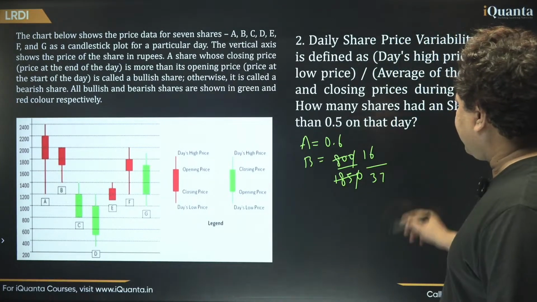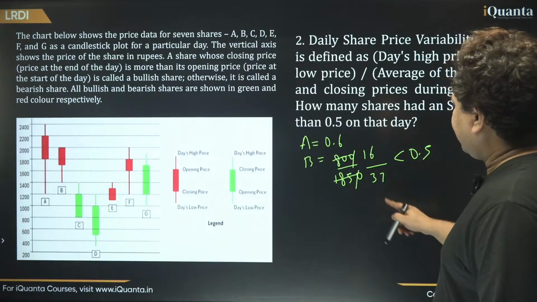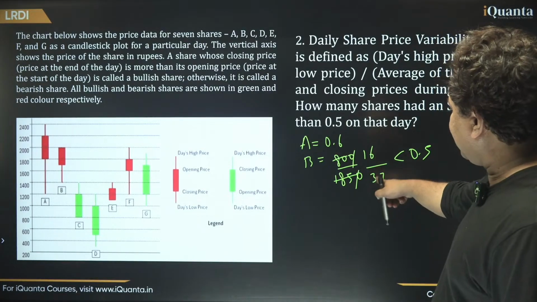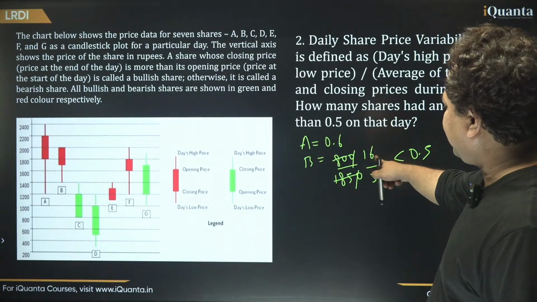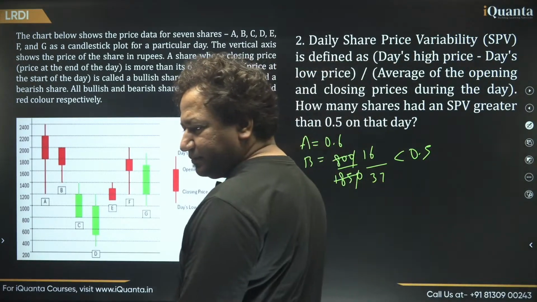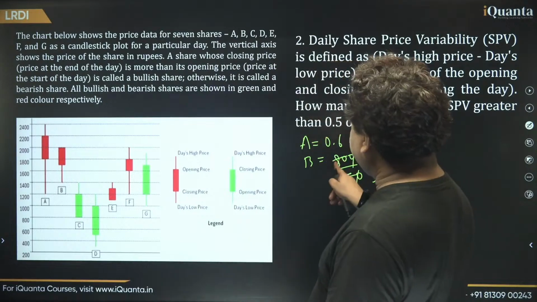Is it greater than 0.5? No, it is less than 0.5, isn't it? Because if you get 37 here, this must be for making it 0.5, this must be 18.5. नहीं है उतना. Do you understand? यहीं से मालूम पड़ रहा है, वैसे 925 से बड़ा होना चाहिए था.